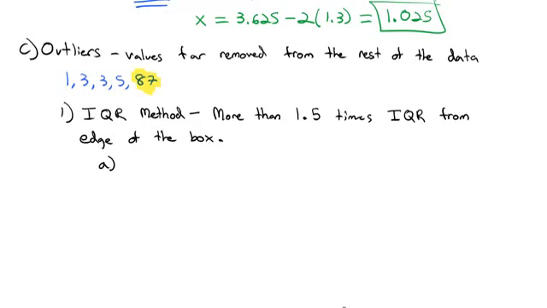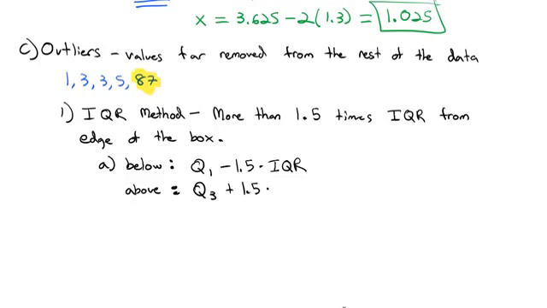The idea is anything below the first quartile minus 1.5 times the IQR, or anything above the third quartile plus 1.5 times the IQR. Anything that's above or below those numbers becomes an outlier.